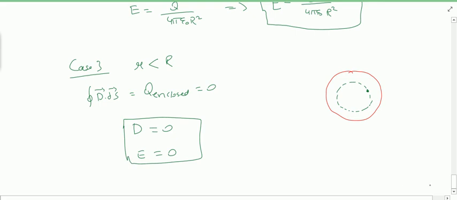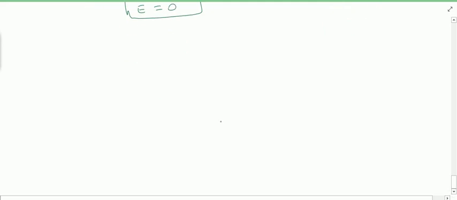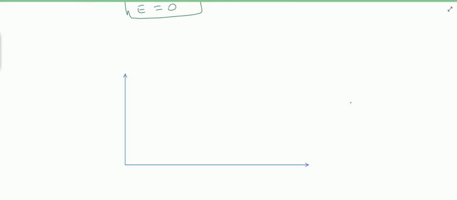Now we have found 3 conditions basically. We can also plot this on a graph. So here is my electric field magnitude, and here is the radius of the Gaussian surface which I am taking.